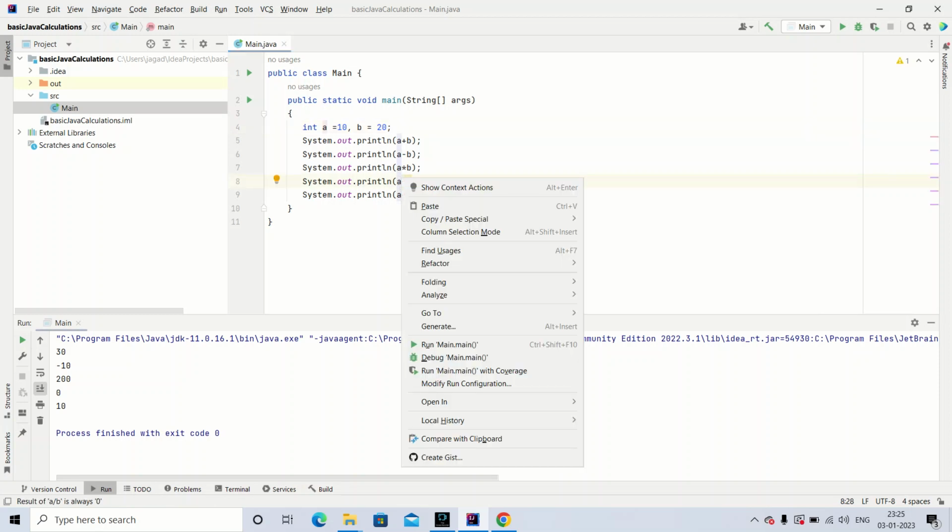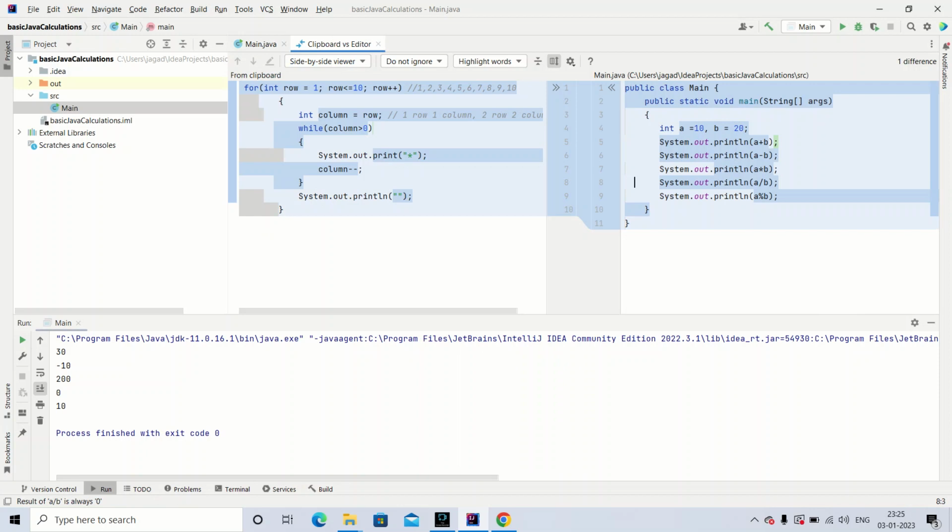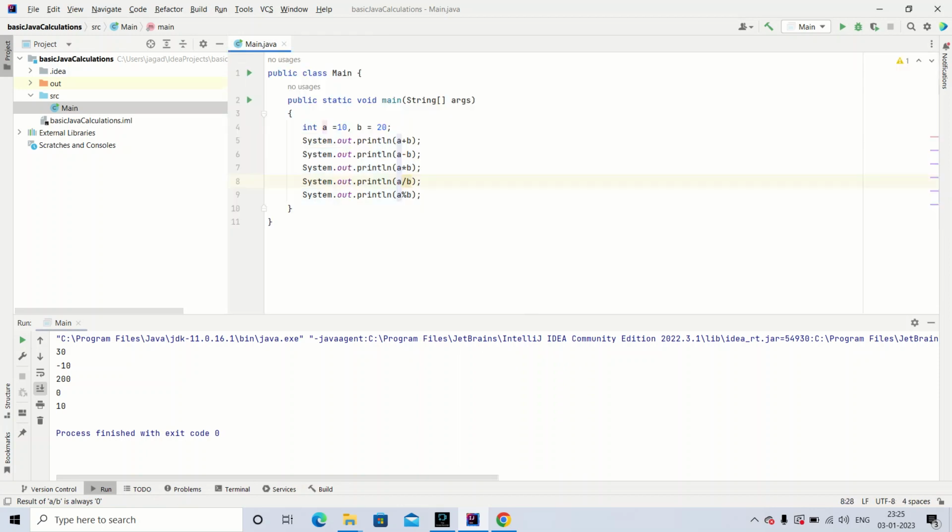Okay, let's change this to b by a. Now let's look at the results. Yeah, as we can see, 2 and here 10.